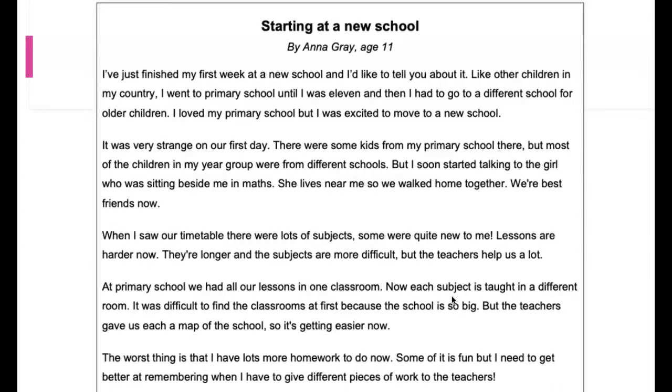Connectors are really important, and the text structure, okay? If you are able to extract all those things from the models that you use, then you are going to tell your students to replicate what they saw. But first, they need to analyze the models. That's why the models are so important. All right?